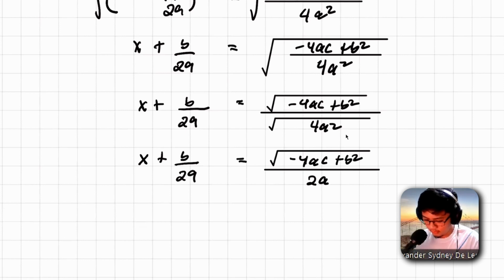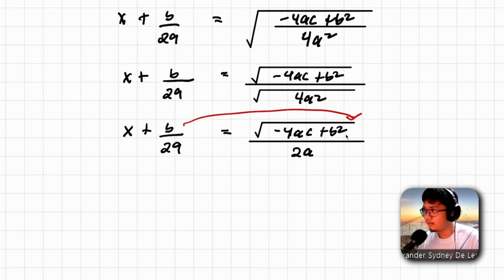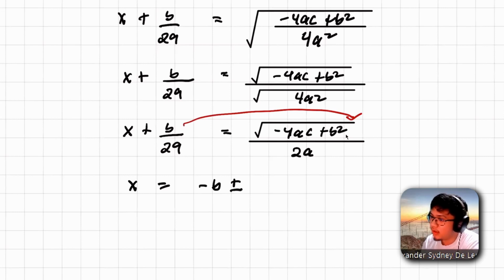Ngayon, ililipat natin sa kabilang side ito. At since parehas ng denominator, we can just add them directly. So, x will be equal to negative b plus minus. Bakit ako naglagay ng plus minus? Kasi square root to. Pwede kang maglagay ng halimbawa 4 sa loob. Tapos ang roots niya ay 2 at negative 2.